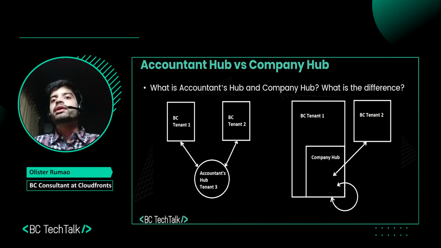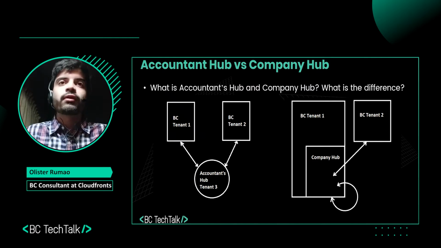It is self-hosted inside Business Central, and it can access its own tenant, versus accessing multiple tenants outside, in Azure AD. So the major difference is that the whole hosting part of Accountants Hub is taken out, and it is hosted within Business Central itself.